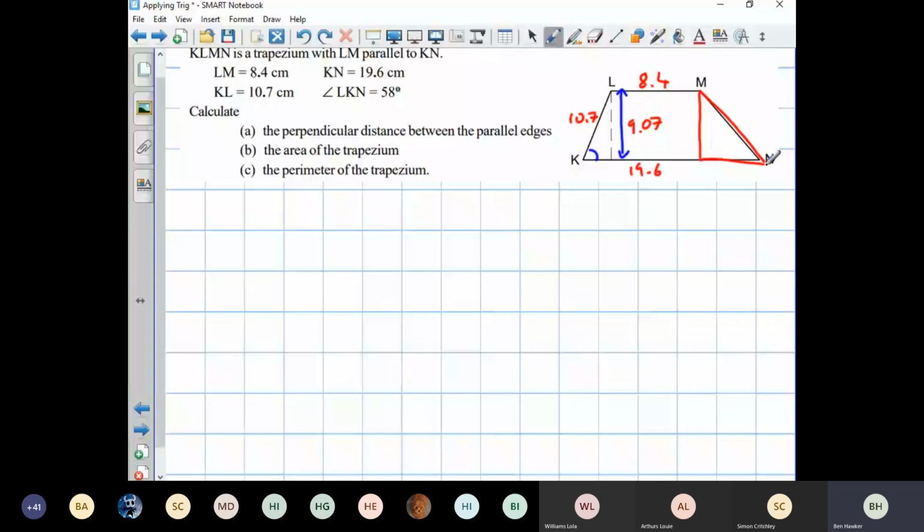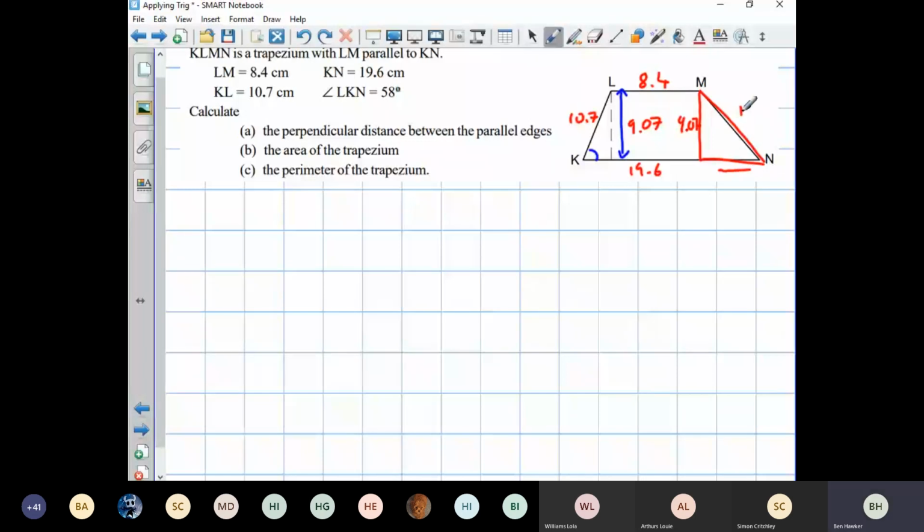There's a few steps that we need to take first. We've got 9.07, and we need to find what this length is here in order to then find the hypotenuse.